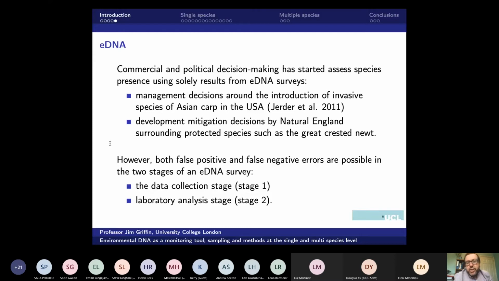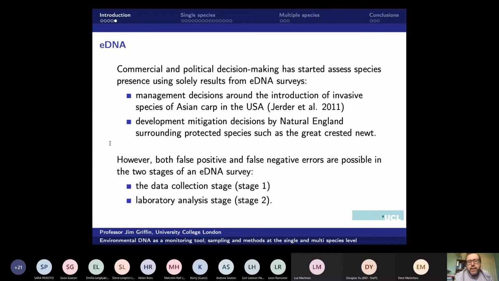As a statistician, an interesting part of that is how we can measure where these errors are coming from, what causes them, how large they are, and also how we can adjust inference for these kinds of errors.